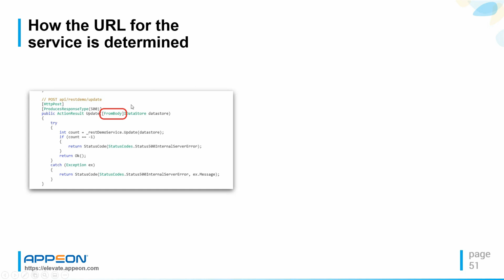Swagger looks for this declaration because it doesn't know where that argument is coming from. When you do a post, you can pass in data either on the URL itself or in the body. This is the declaration Swagger uses to know that this argument comes from the body rather than from the URL.